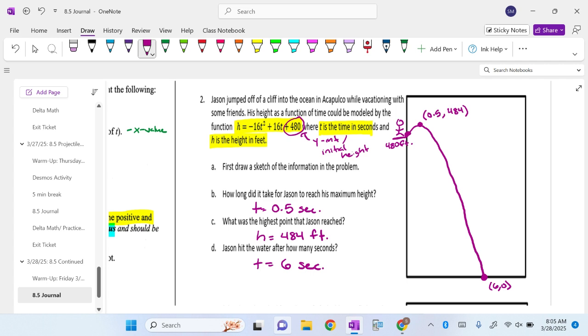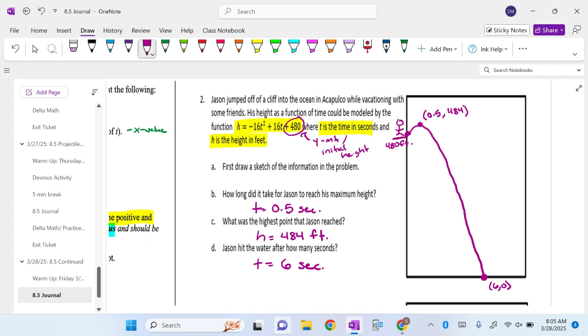Did you get letter D? 6 seconds. And how'd you know that? Right. It's the positive x-intercept. So that's when it hits the ground. So this point right here was 6, 0. All right.